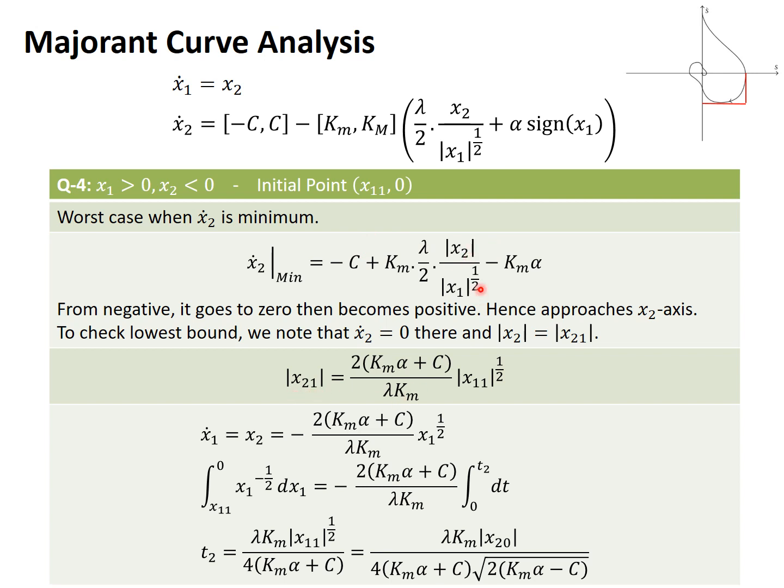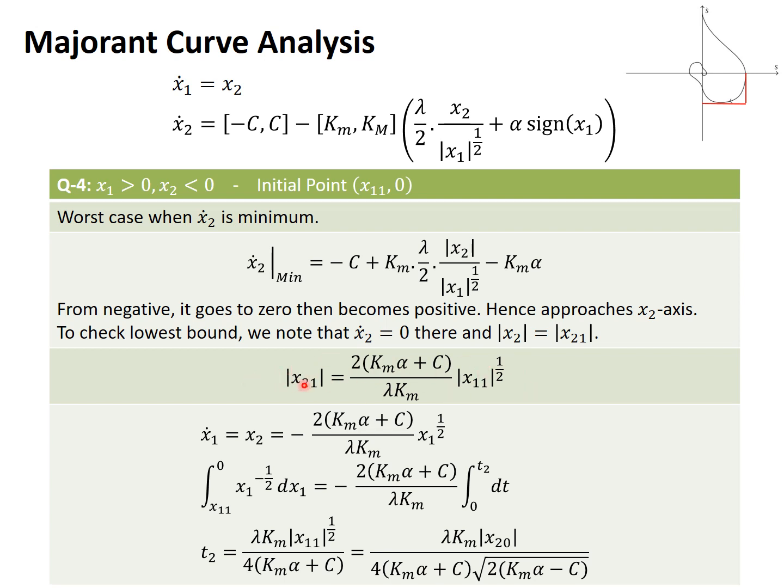So x2 and x1 will have a relationship when we put x2 dot equal to 0. So this is x2 1, and for this x1 we assume the value x1 1. We assume that x1 1 is fixed throughout, and then we do this calculation. These assumptions might sound odd, but they are fine.